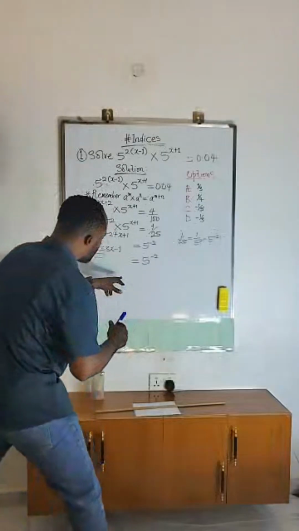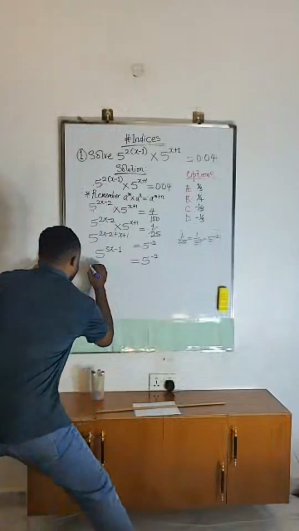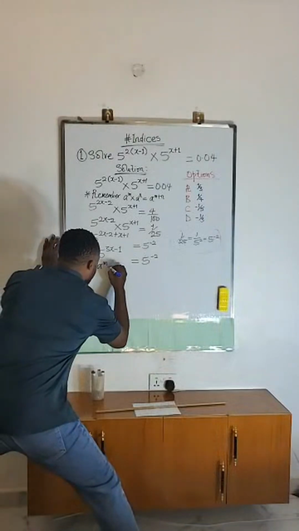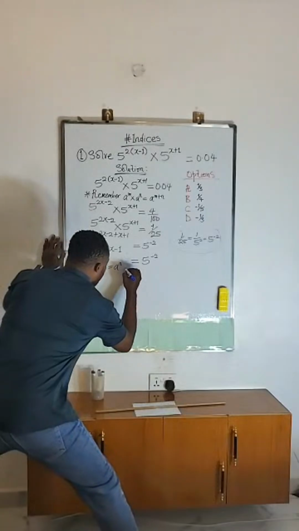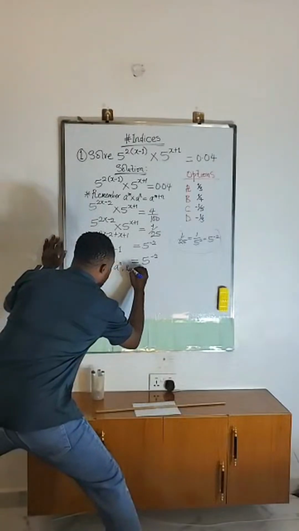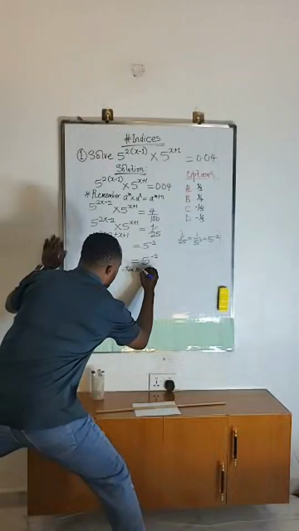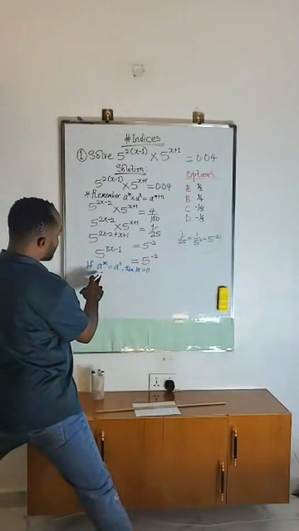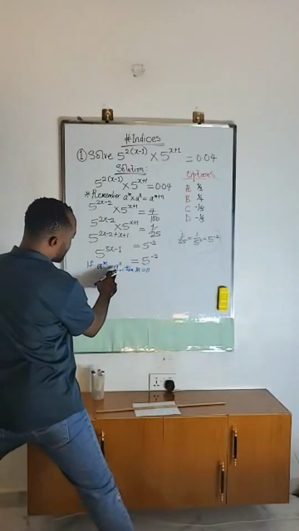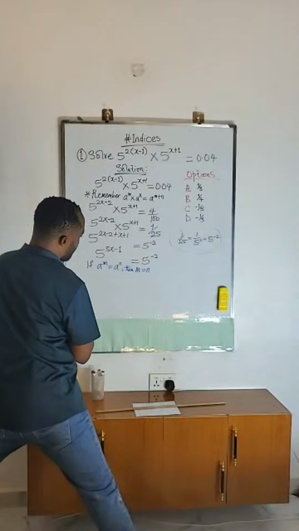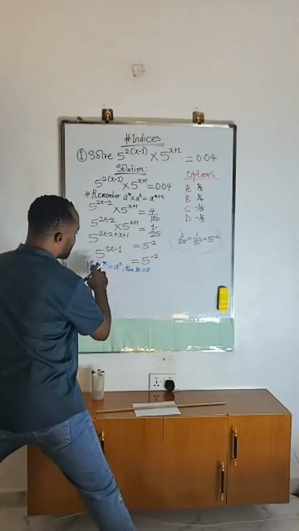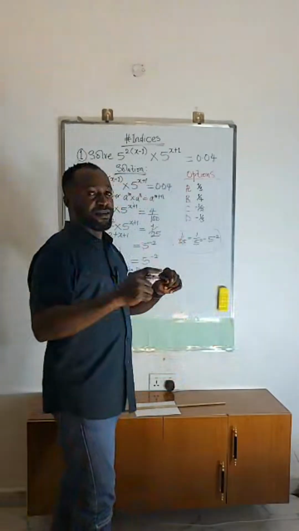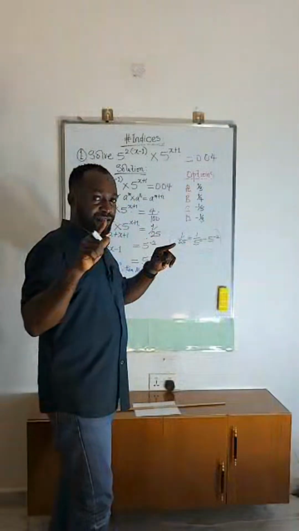So now, remember that particular law that says if a raised to the power of m equals a raised to the power of n, then m equals n. In this case, you can see that a is 5 and this a is also 5. It means that if you have the same number on both sides as the same base, then you equate their powers.